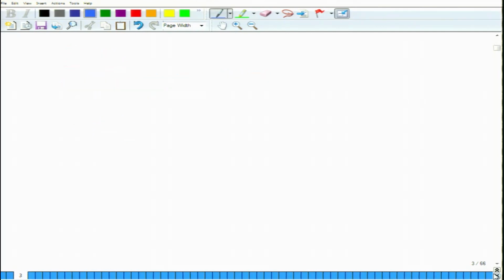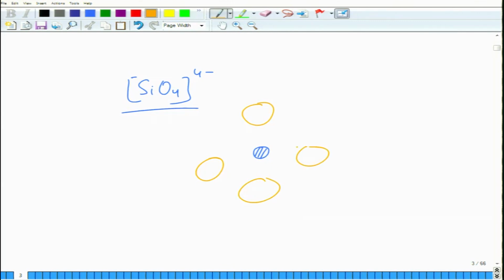Last time, the first structure that we looked at was crystalline silica, in which a hexagonal array of silicate tetrahedra forms. If you recall, the silicate tetrahedron is basically SiO4 4 minus, because each silicon atom is coordinated by 4 oxygen atoms.